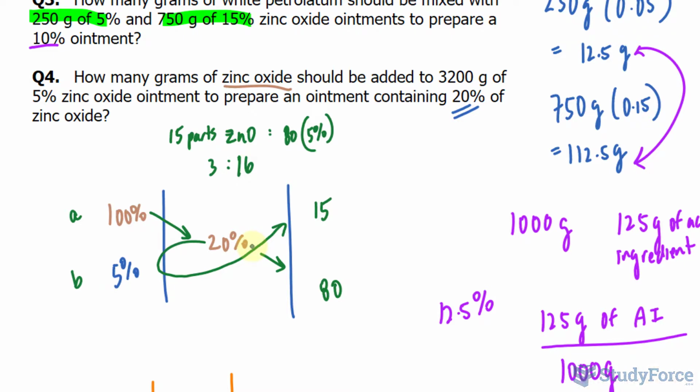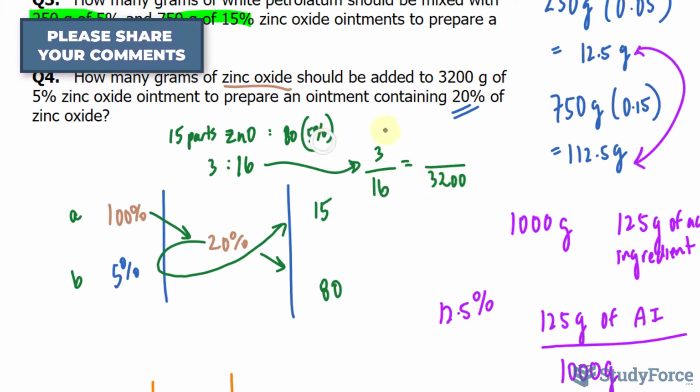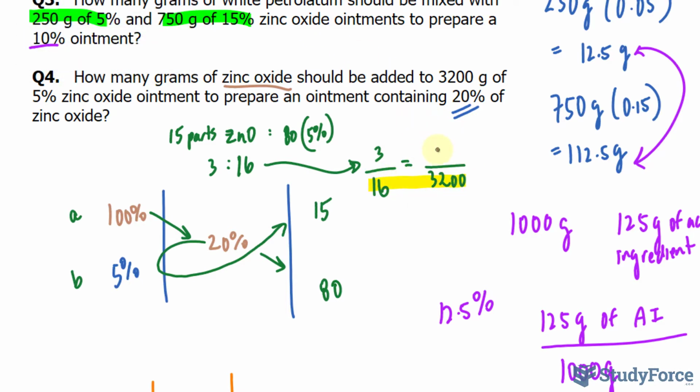Now they're asking for the mass of zinc oxide. So we will create a proportion. 3 over 16 is equal to X over 3,200. 3,200 goes underneath here. That's the mass of the 5%. This row represents that. And we can find the mass of the zinc oxide, the pure zinc oxide, by cross multiplying.